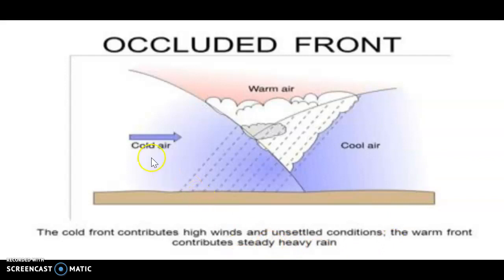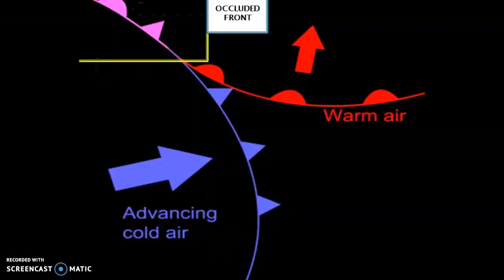And the presence of this cool air mixing with this warm air, moving in a specific direction, will sweep rainfall across the land from point A to point B in a unidirectional path, as highlighted here, where the cold air is advancing upon an existing body of warm air.